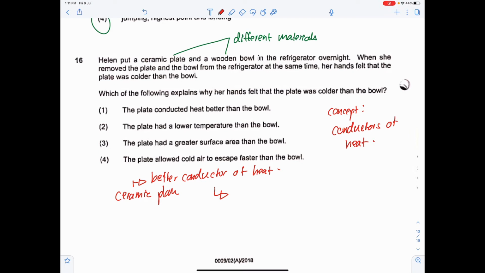Okay? So what happens was that when the hands touch the plate, heat was actually lost at a faster rate from the hands to the plate. Okay, and that's why she felt colder. Alright?